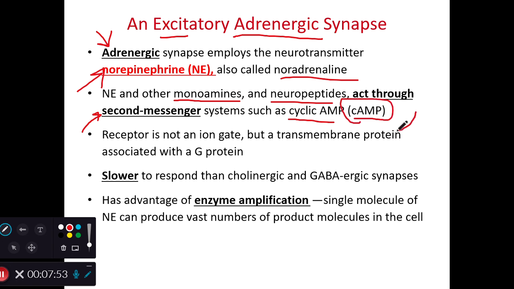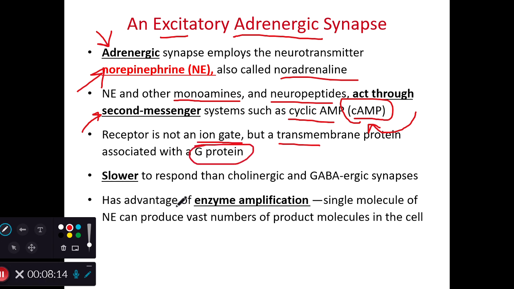In case you forgot, AMP stands for adenosine monophosphate. Instead of an ATP with 3 phosphates, it's an AMP with 1 phosphate. Now, these receptors are not going to be ion gates, but instead a transmembrane system.